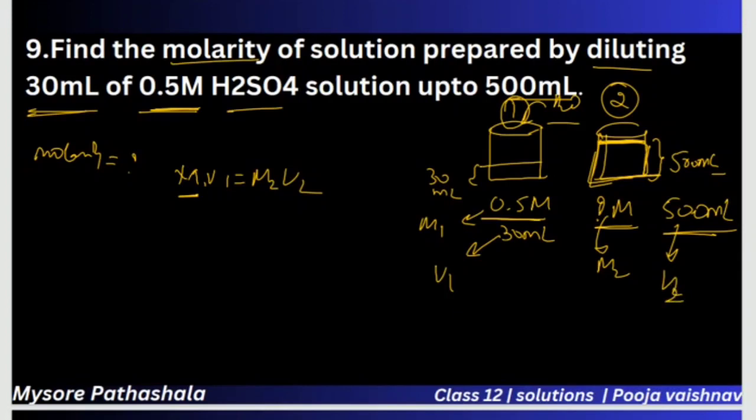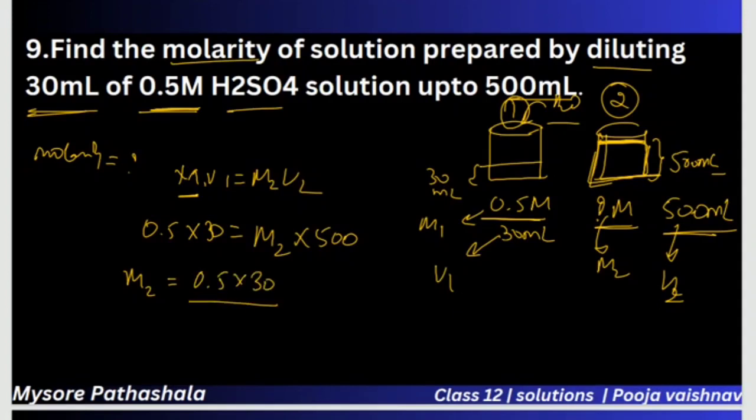Simple. So we equate 0.5 into 30 equals M2, which we need to find, into V2, which is 500. Now we equate this: 0.5 into 30 divided by 500.